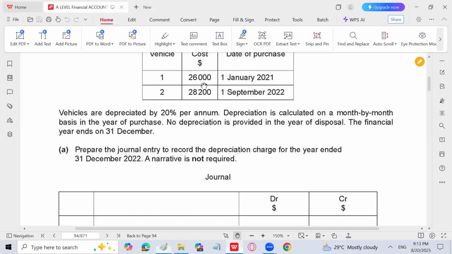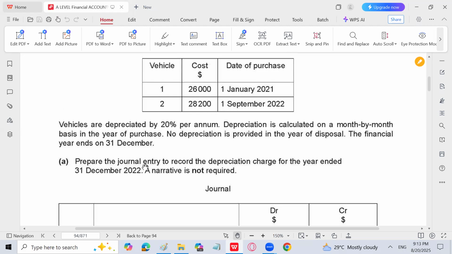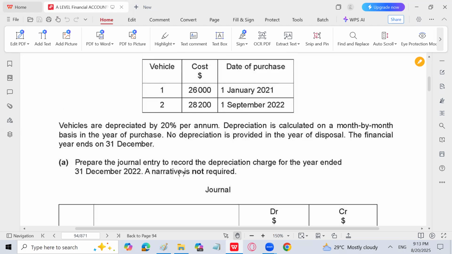26,000. We have to calculate depreciation for 31st December 2022. The normal way to calculate depreciation is to see how many assets we have in the year 2022 which have been used during the year. So this 26,000 cost of asset has been used during 2022 also. As we are using the straight line method, we can calculate depreciation easily on the cost of the asset.